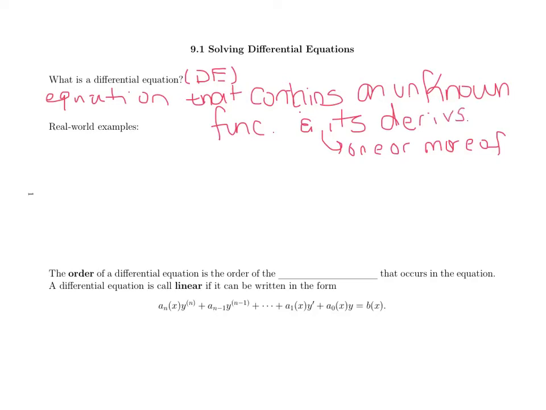So we're talking about some kind of equation. An equation will have an equal sign in it. It'll have a function, some unknown function, usually we talk about y, and also one or more of its derivatives. So maybe y prime, maybe y double prime, and in some kind of combination.